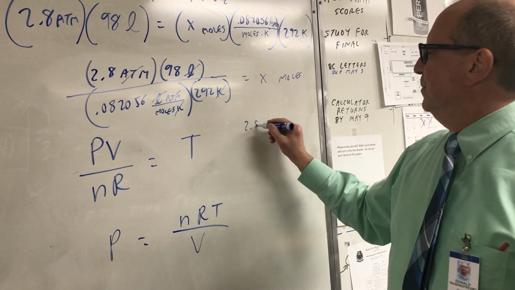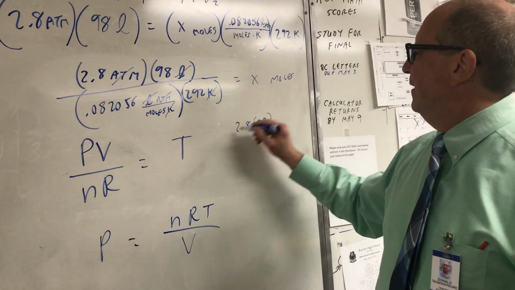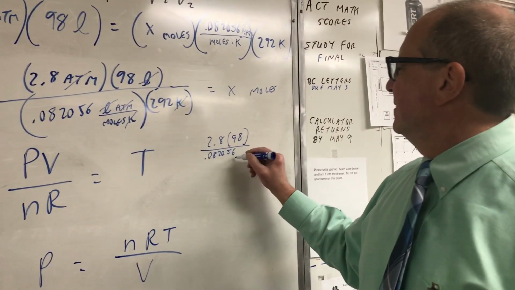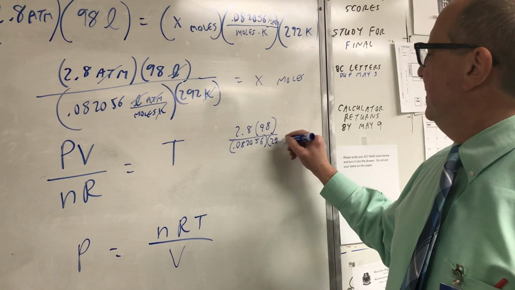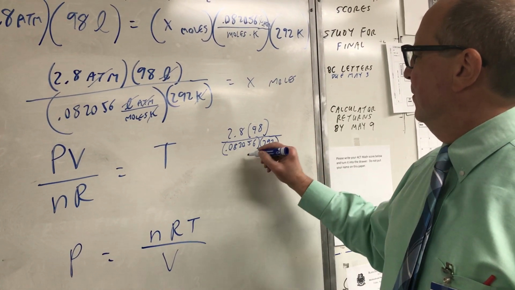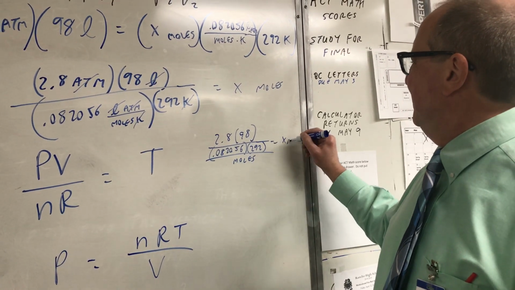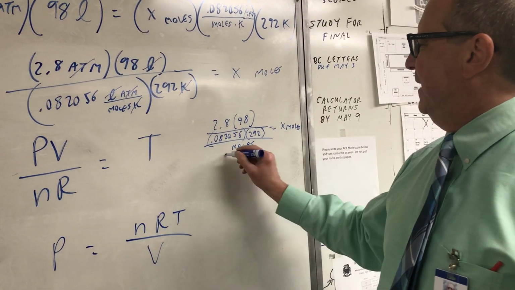But we're going to have 2.8 times 98 over 0.082056 times 292 over moles equals x moles. But remember, that's over 1.